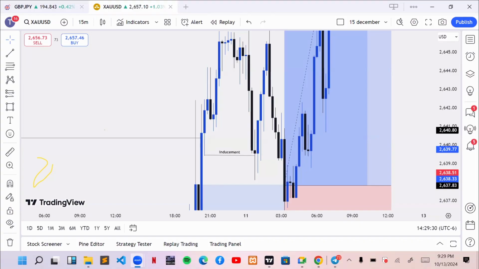The way we were taught, personally, at least three candles will make a swing. Nothing less than three candles will make a swing, which will be the higher high or higher low or lower low or lower high.